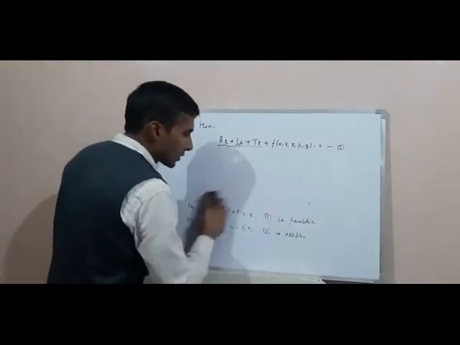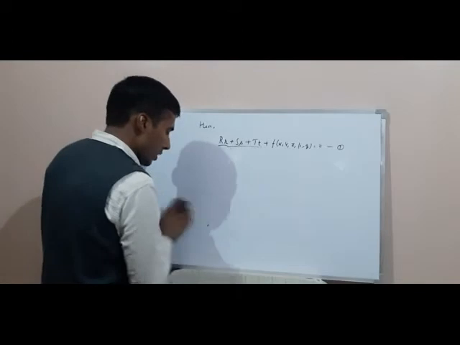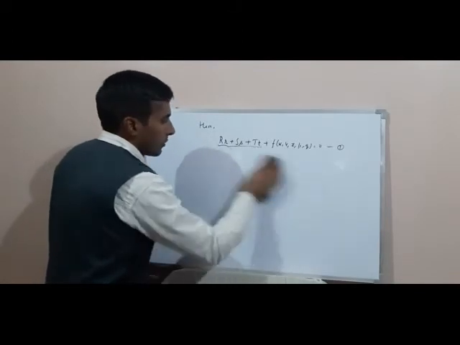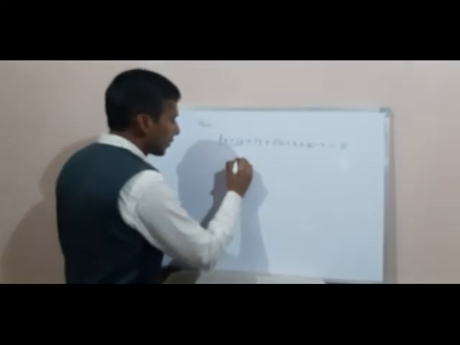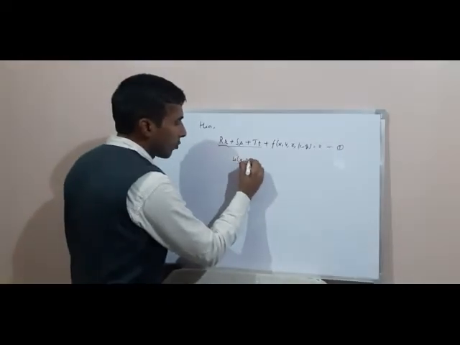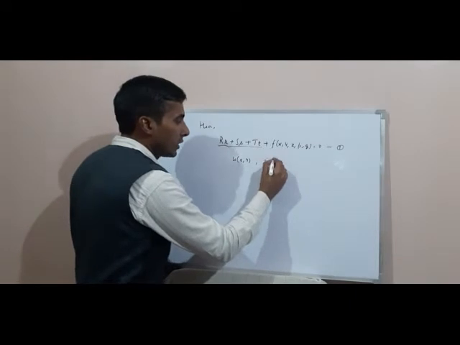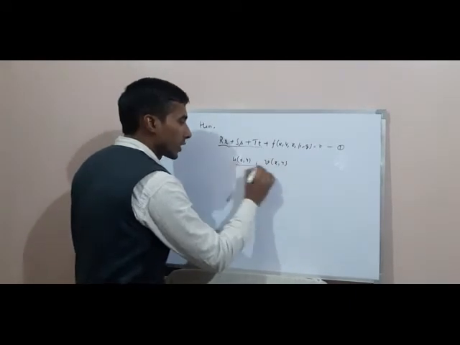So for this, we use a transformation. That means we have to find some function u which depends upon x, y, and v is also a function which depends upon x, y.